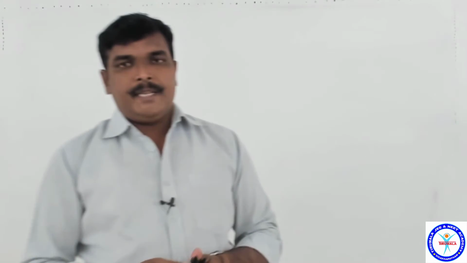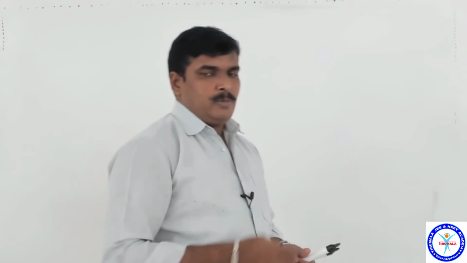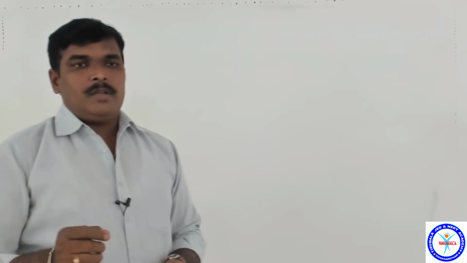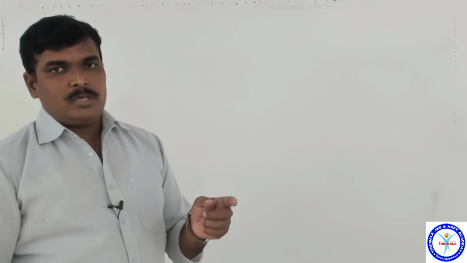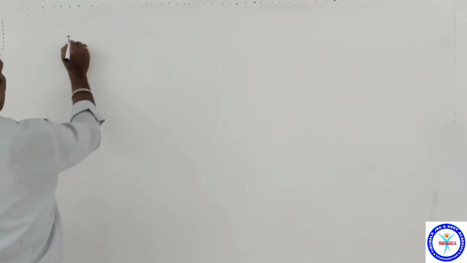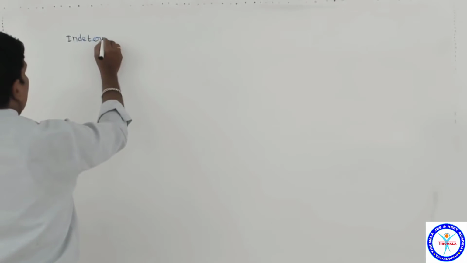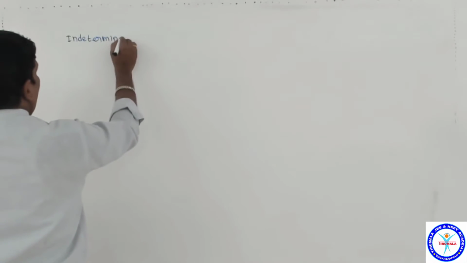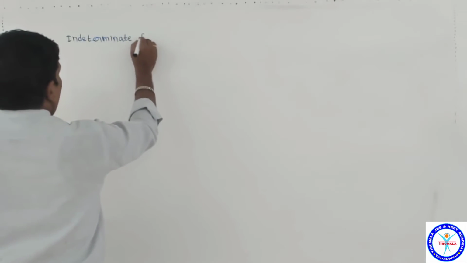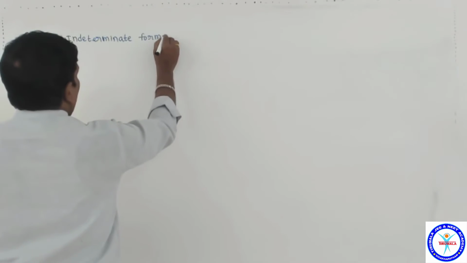Now, what are the indeterminate forms? I already explained that when directly substituting the limit value gives 0 by 0, it is an indeterminate form.